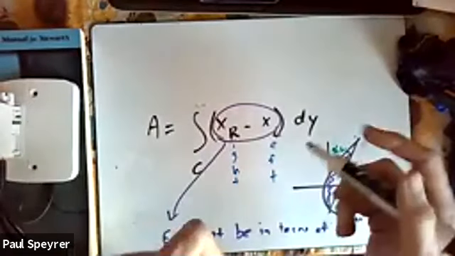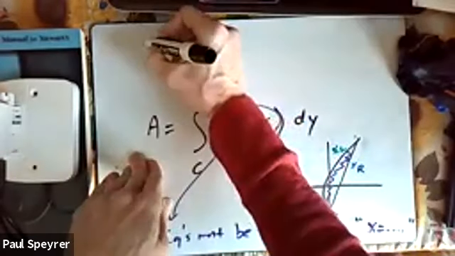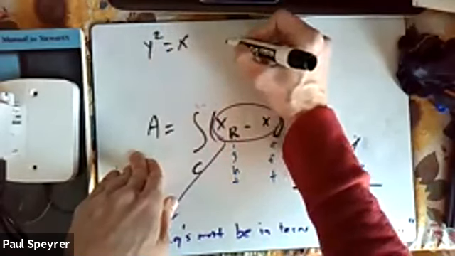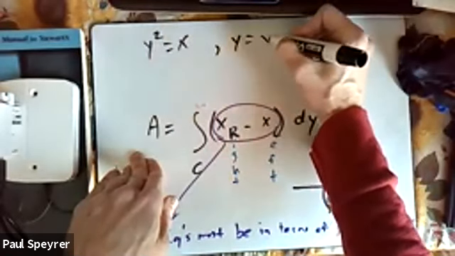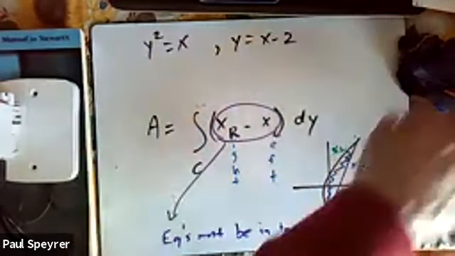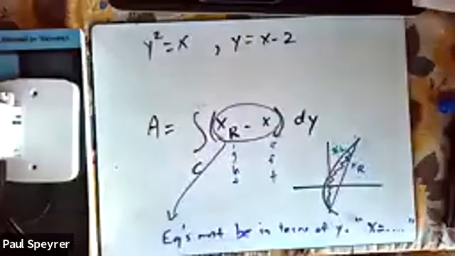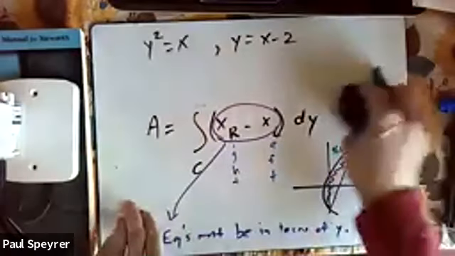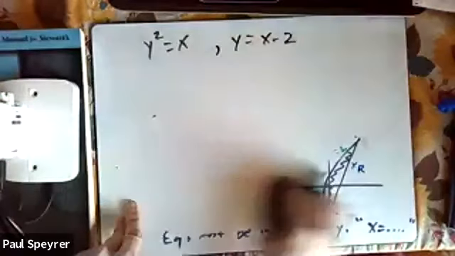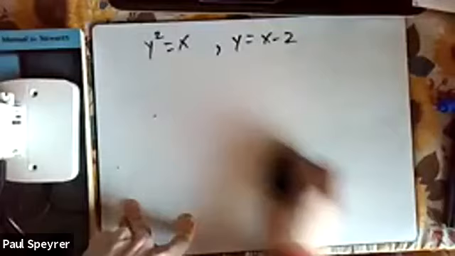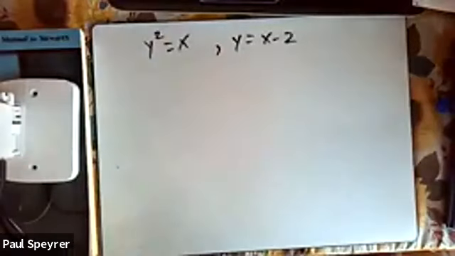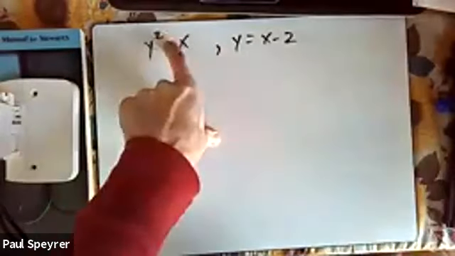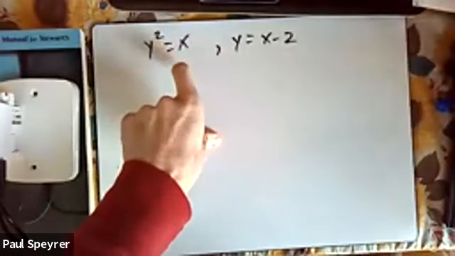So if we look at this example, like y squared equals x and y equals x minus 2, we want to find the area of this region right here. So this tells us, big indicator, oh, we're going to be doing it with respect to y. It's because we have a y squared, okay?